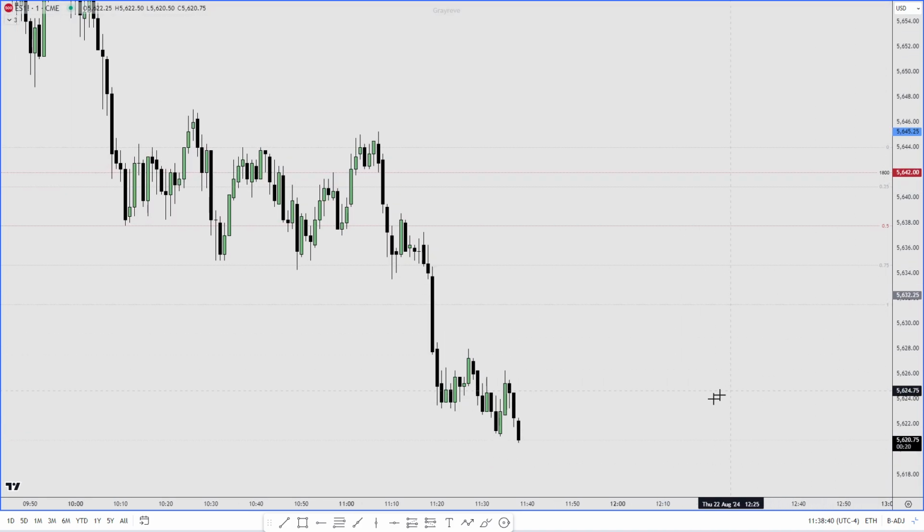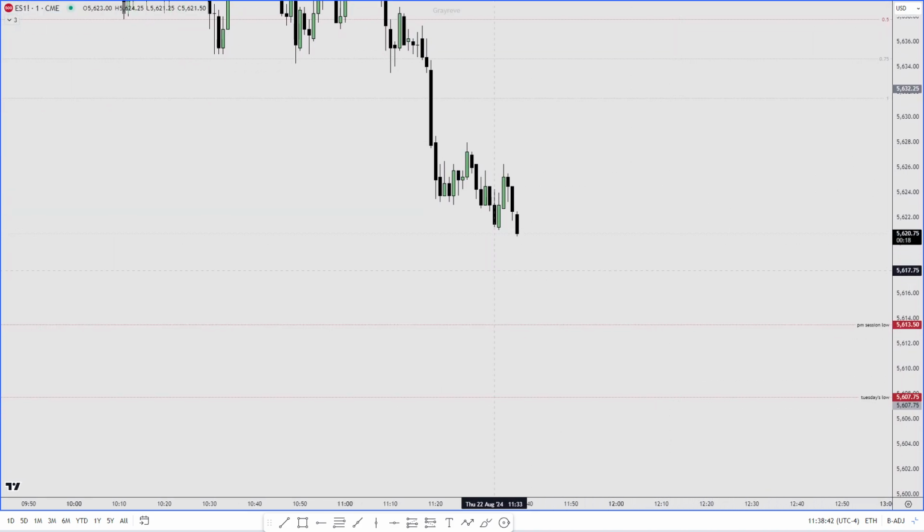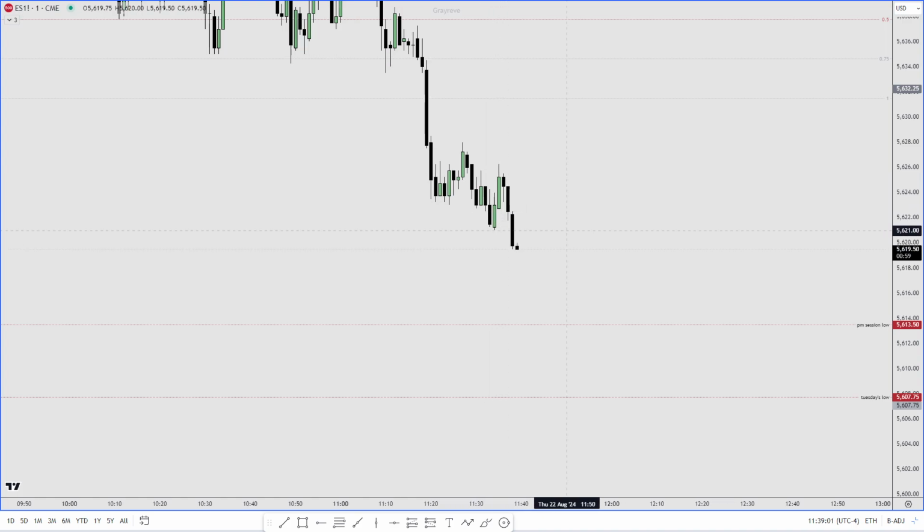Okay, I see something here. This could be a valid bearish order block because we have taken out this swing high here and price decides to close below it, and that would be the validation.